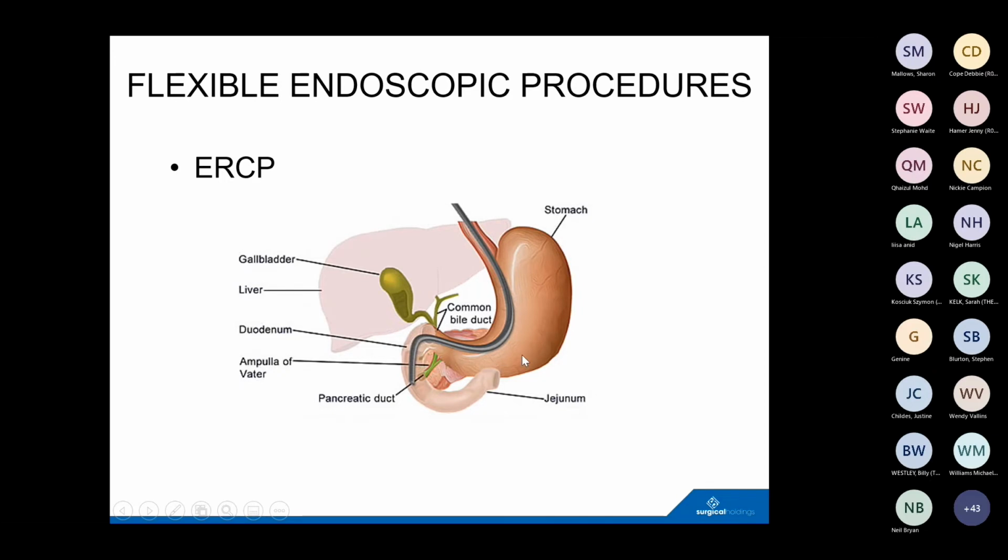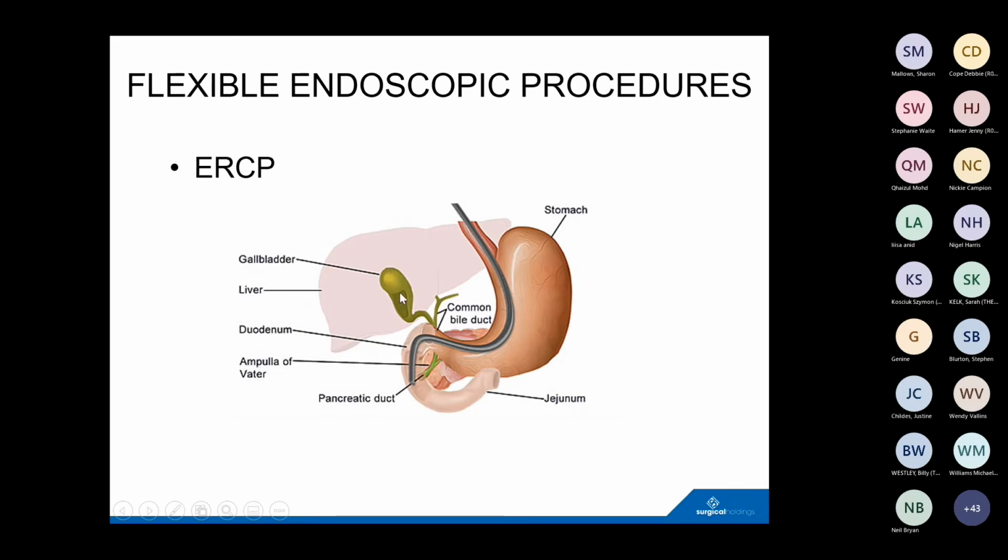Pancreas is actually here, it's not in this diagram. So that involves both white light endoscopic imaging and fluoroscopy, so using X-ray. And the idea is you'll put a cannula in here, inject contrast dye for the fluoroscopy, and you'll see the biliary system and the pancreatic system.